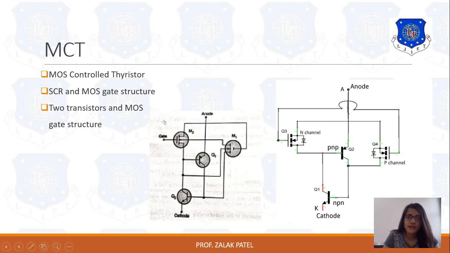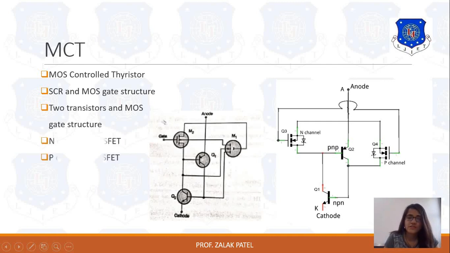Here you can see that this base current of the P channel MOSFET is applied to Q2. Q2 is none other than an NPN transistor. So Q2 will start conducting, and because of the collector current of Q2, regeneration will occur between Q1 and Q2, and because of this the MCT can turn on and latching occurs.